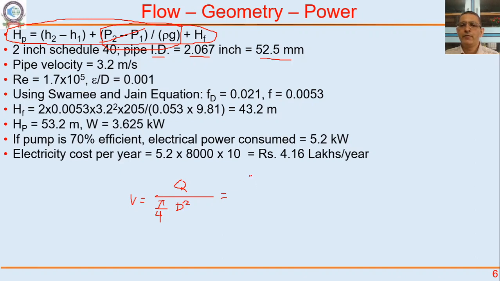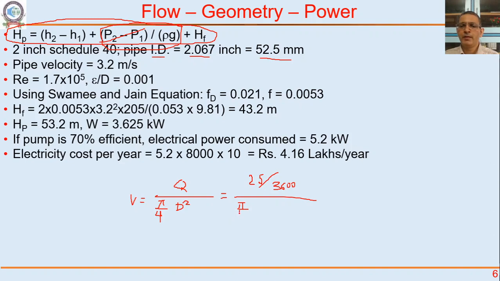It is 25 meter cube per hour, 25 divided by 3600, so many meter cube per second, divided by pi by 4.